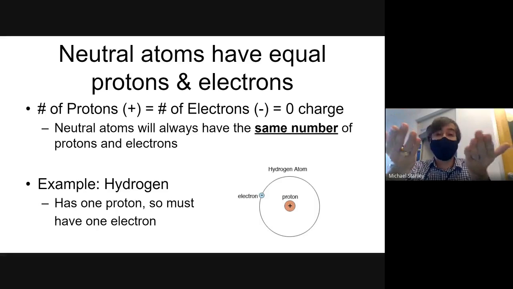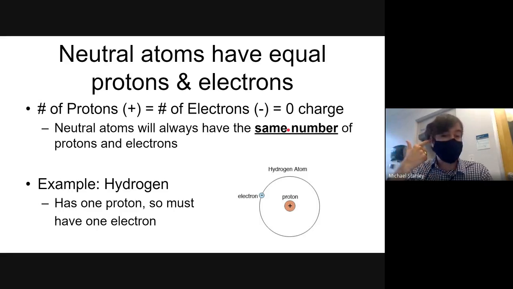They have to be the same, so those positives and negatives can equal each other out. So what this means is that a neutral atom always has the same number of protons and electrons. So however many protons we have in our atoms, we're going to have the same number of electrons.